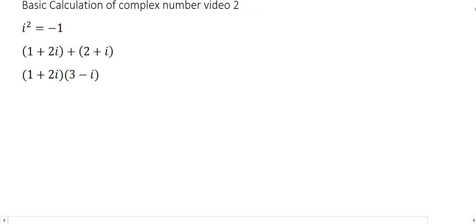We have learned that i squared equals -1, which is the definition of an imaginary number. And we also learned that imaginary and real numbers are distinguishable; they cannot be mixed together. For example, x and y: you cannot mix x and y. If you want to use x plus y, you cannot simplify it further.